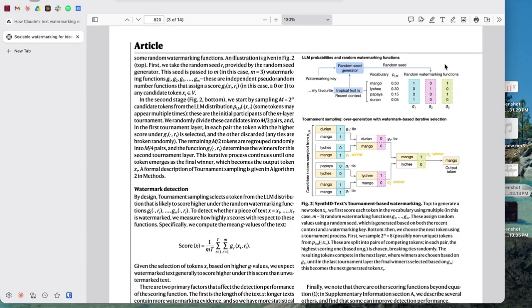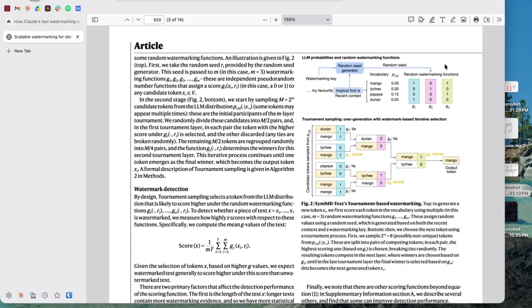And let's say those are the four options that you have about how you can complete that sentence. So if we were doing just a regular generation task to select the next token from those four options, it would sample with the probability that each of them has according to the language model. So it's most likely to pick mango, but maybe 5% of the time it might select durian.